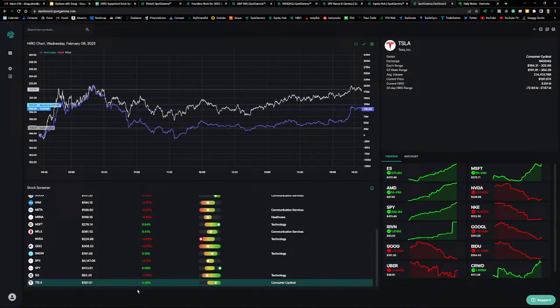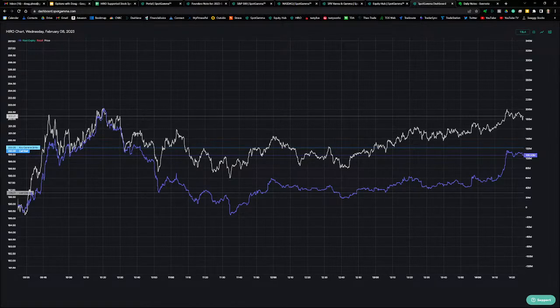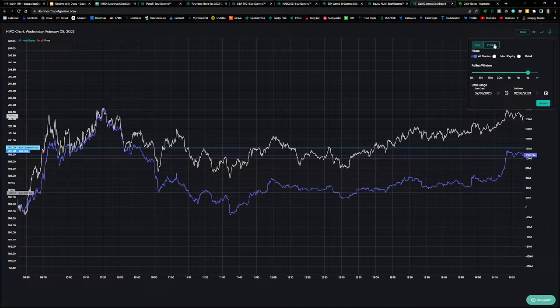So as usual, pretty strong confirmation between price action and options trades and hedging activity, especially in the morning. Let's see what traders were doing.